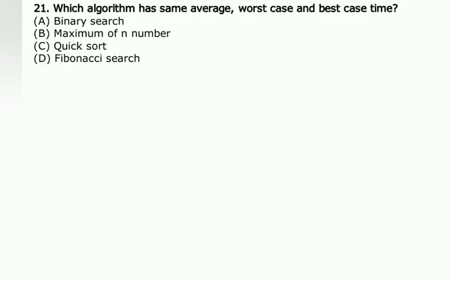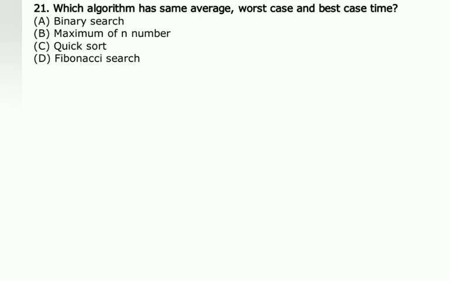Next, which algorithm has the same average, worst case and best case time? So let us take each and every option. Binary search: the best case is when the search element is found in the first attempt only, that is big O of 1.